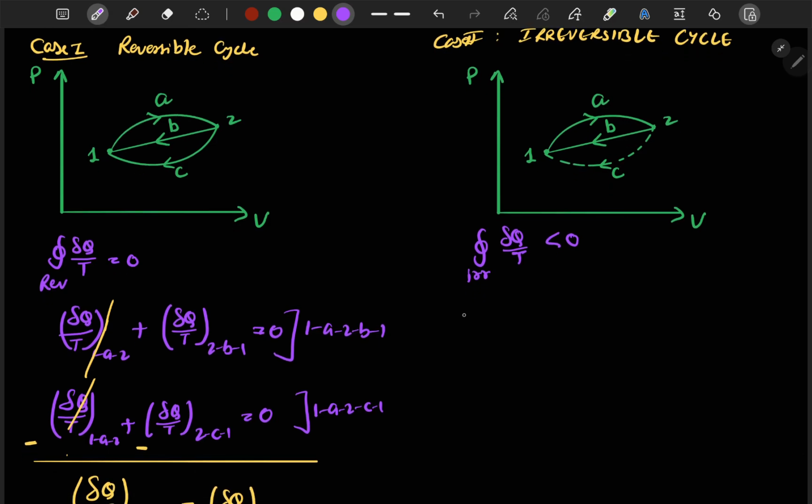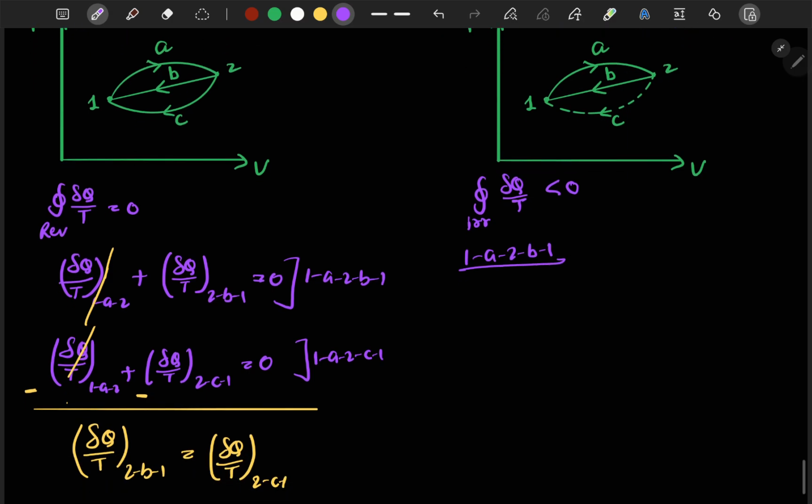But now since process 1A2B1 is a reversible process, this del q by T will be equal to 0. And from here we can write del q by T from 1A2 plus del q by T from 2B1 is equal to 0.